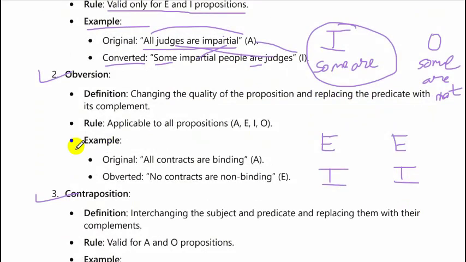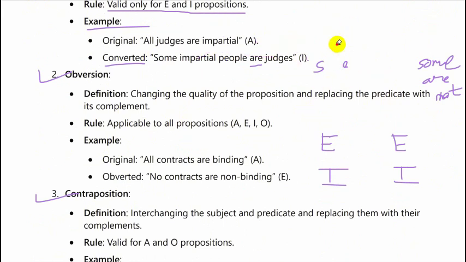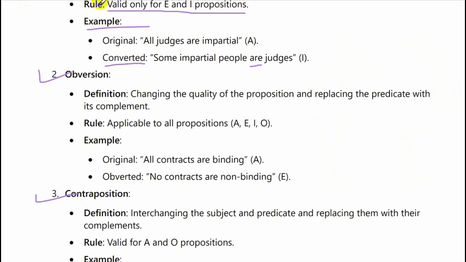Now let's move on to obversion. Changing the quality of the proposition and replacing the predicate with its complement. So I'll break it up into two parts. So the thing to understand about obversion is, for obversion, I'll write it like this again, A-E-I-O.